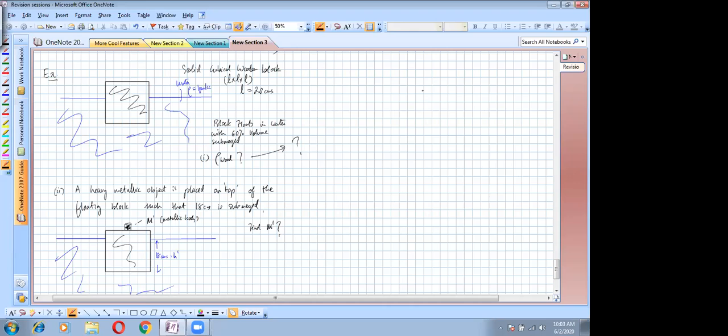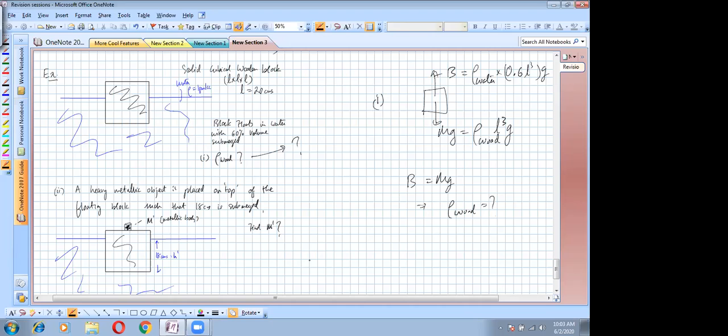So in the first part, there is only buoyant force and mg, where mg is density of wood into its total volume into g, whereas the buoyant force is density of water into 60% of the volume, so 0.6 L cube into g. Okay. This is the first part. Buoyant force is equal to mg. So from this you will get density of wood as something. So you work that out.